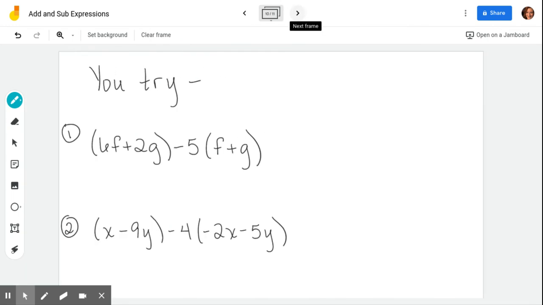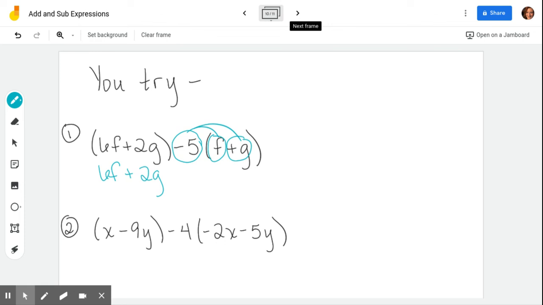Okay, last time. Pause the video, try those, and then resume, and hopefully we will match. Problem number 1, there's nothing attached to the first set of parentheses, so I'm going to leave that as 6f plus 2g. Second set of parentheses, I have a negative 5 attached. Inside, I've got a positive f and a positive g, rainbow, rainbow.